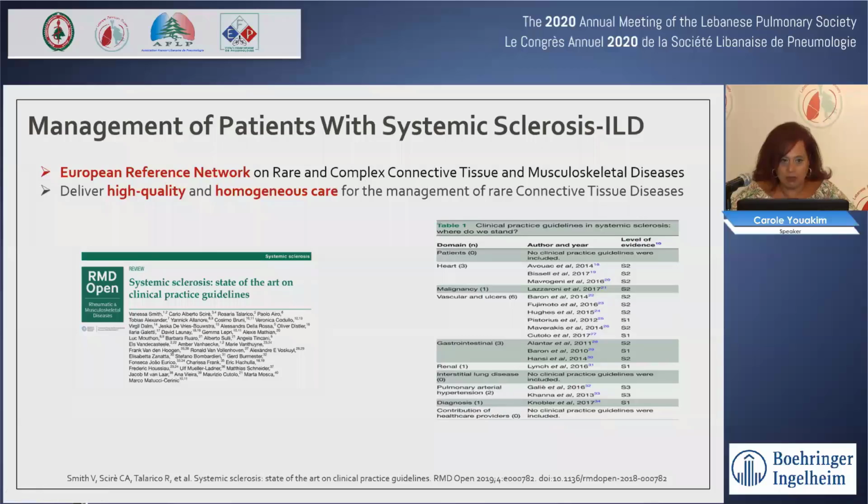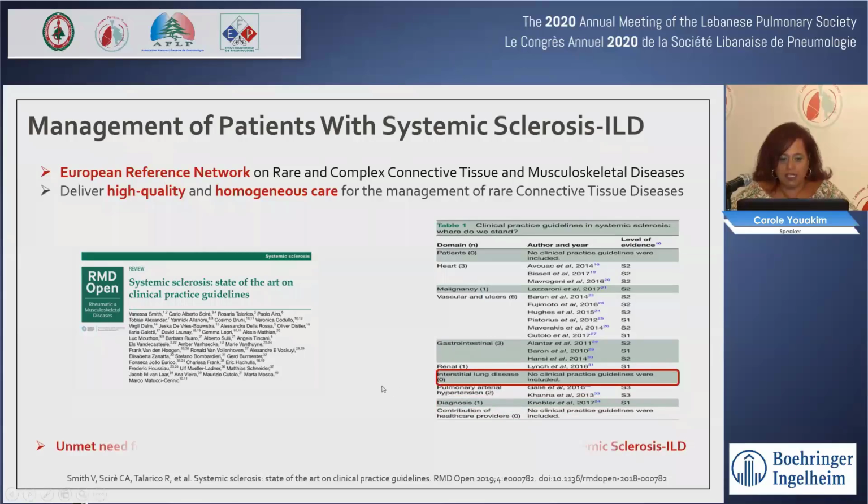Last year, in 2019, the European Reference Network on Complex Connective Tissue Diseases published a state-of-the-art on clinical practice guidelines in systemic sclerosis. And look what they found. No clinical practice guidelines were included for ILD.